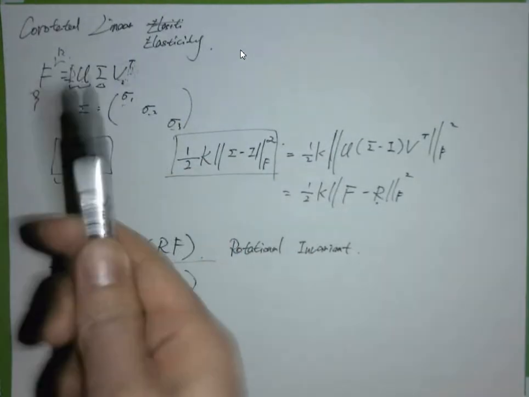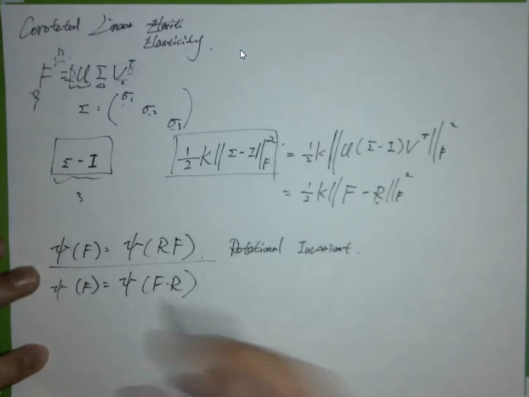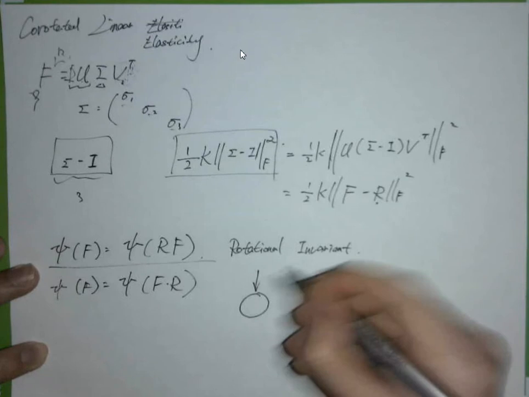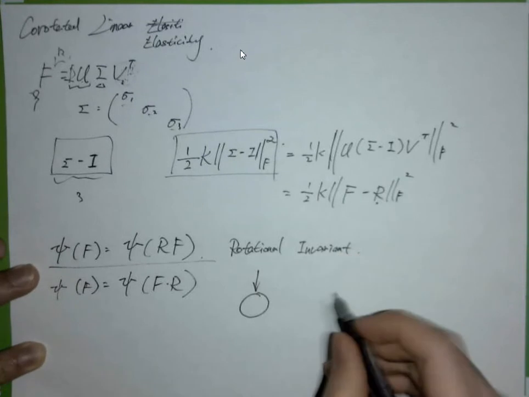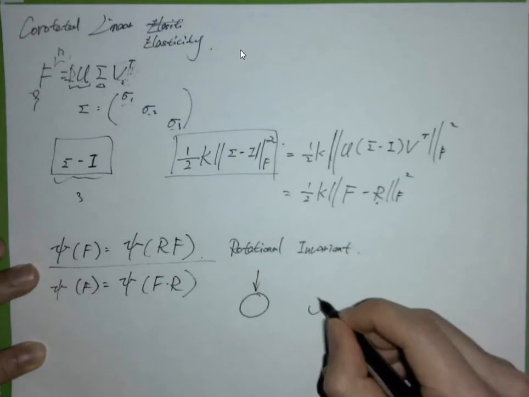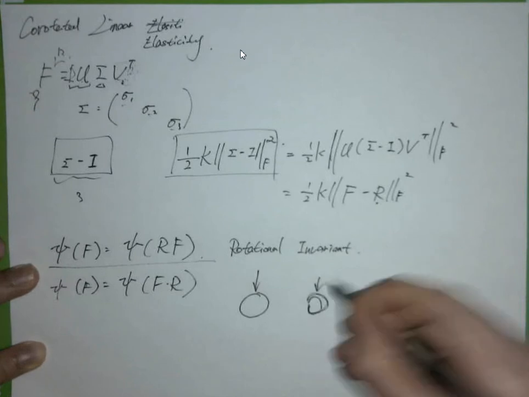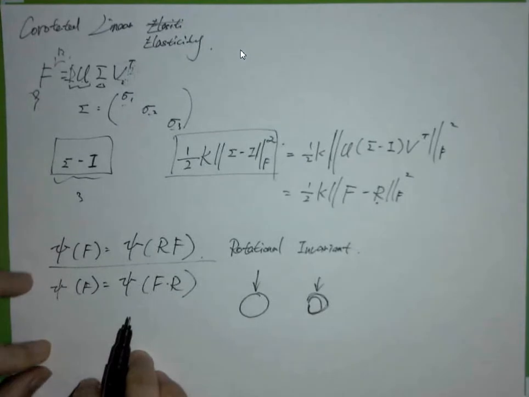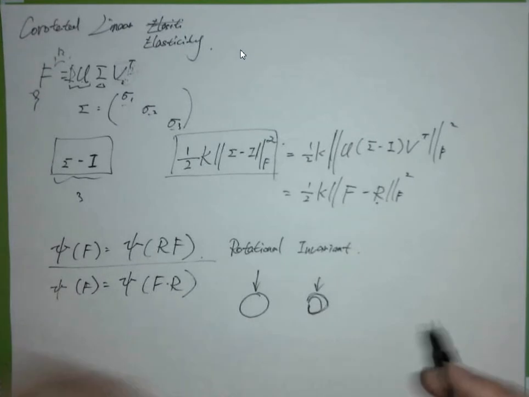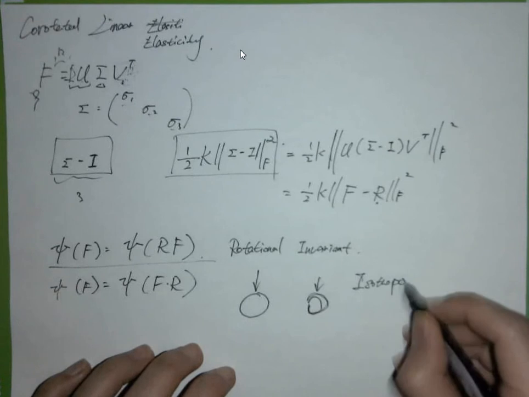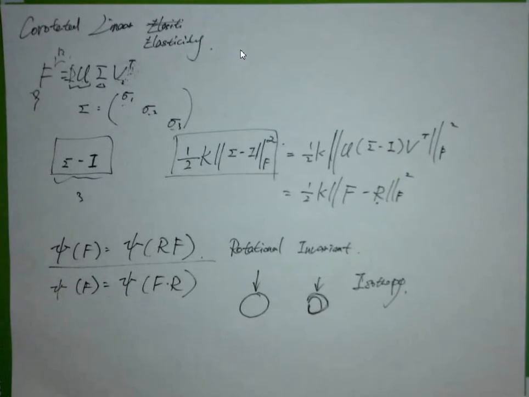What does it mean? It means if I have a ball, and I compress it over here, or if I rotate it and still compress it in the same direction, I get the same response. And this is isotropy. It means that the material has the same response for compression or elongation in all directions.